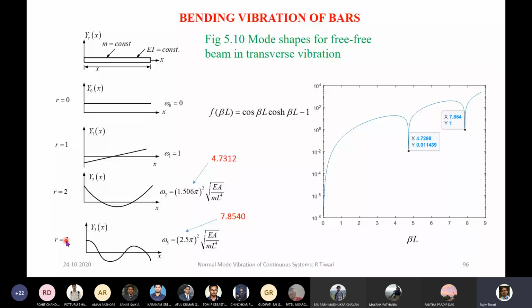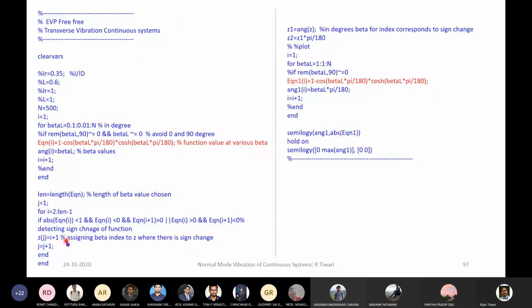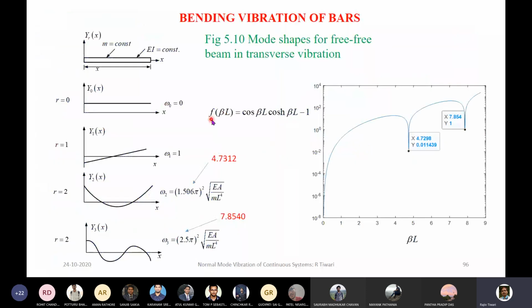This is the code I have given for plotting the function. Especially in this equation, you can see 1 minus cos beta L, cosh beta L. This function we need to change, and once we change it, we can get this plot. There are 2 locations we need to change, marked in red. Basically, we choose various values of beta L, find this value and plot it.